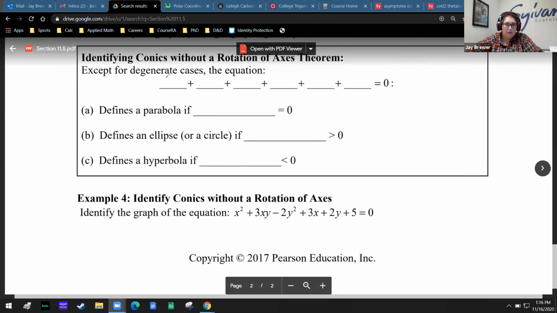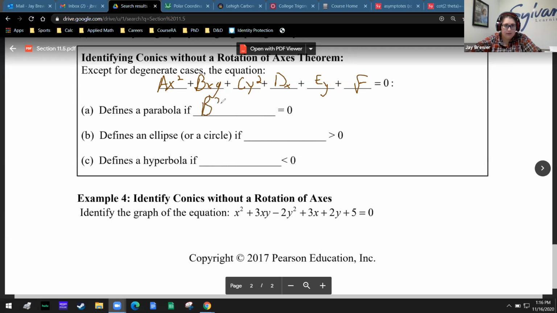Okay, so here we have ax squared again, bxy, cy squared, and then it's dx, ey, and f. Now this is kind of going to look a little bit like the determinant.